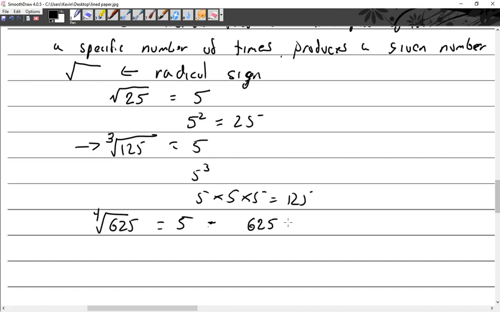And then the next key I'm going to hit is the second function, and then the x, y, which is the small one, which is also the y to the x key. And then 4. And then equals.